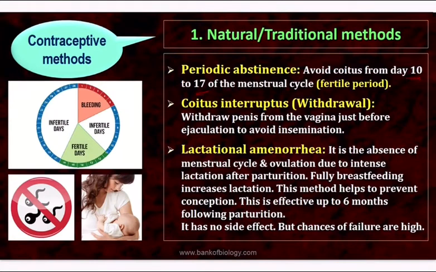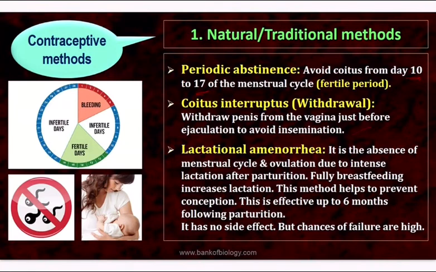The reason is ovulation takes place at that time. Even though ovulation takes place in 2 or 3 days, just to ensure safety, we are saying 10 to 17th of the menstrual cycle. But the husband should know the menstrual cycle of the wife. Then only he can calculate this 10 to 17th day.